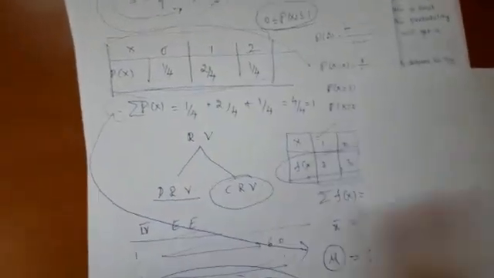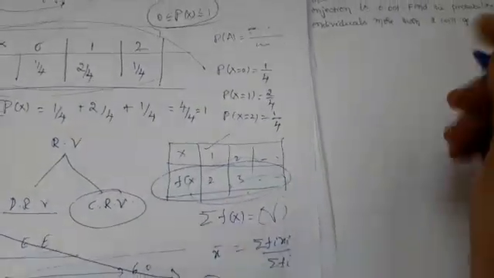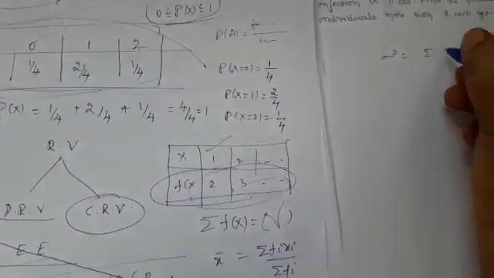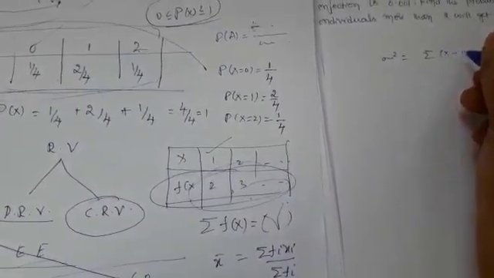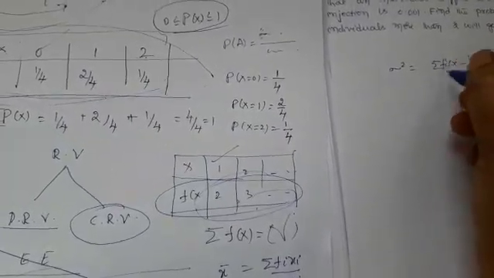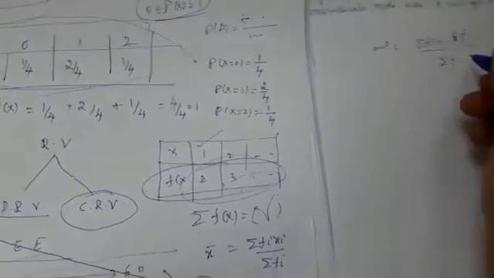I'm moving to the next one, which is how to find the variance. I'll keep it together so it is easy to understand. In the frequency table, the variance formula is sigma fi into xi minus x bar whole square, divided by total frequency.